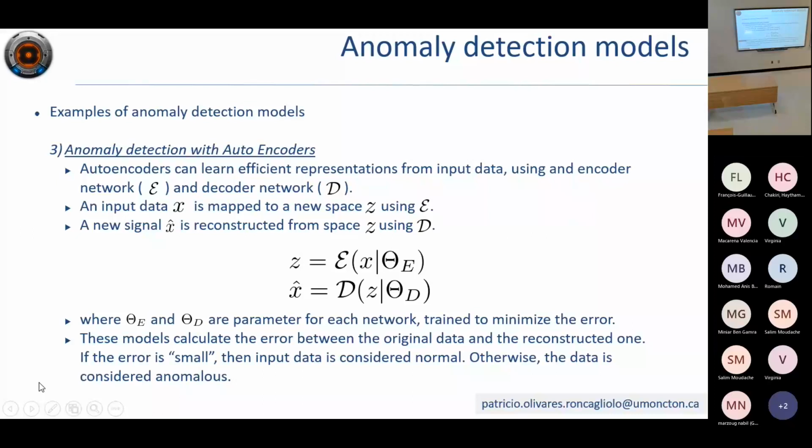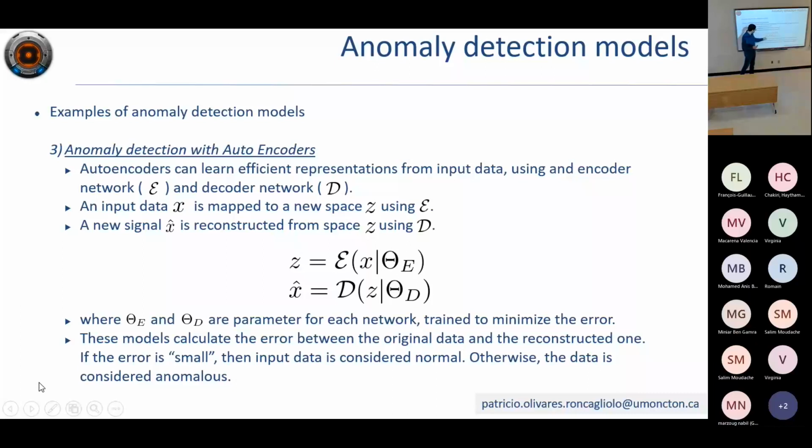The idea here is that if you train your autoencoder with only normal data, whenever you pass weird data to the autoencoder, the representation will probably be far away from the original one. So you have to learn with normal data how to train the encoder and the decoder.